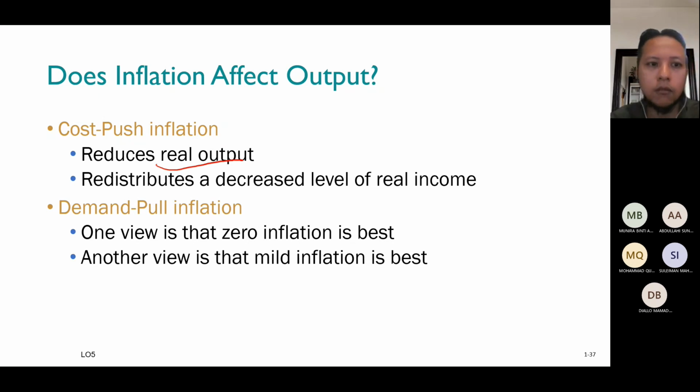It will reduce the growth, and it redistributes a decreased level of real income because of the decrease in purchasing power.